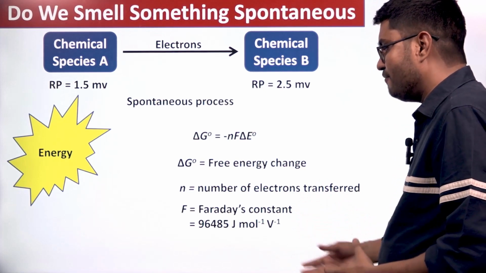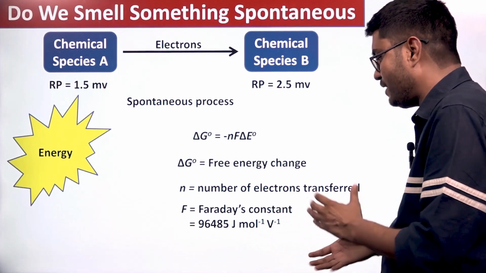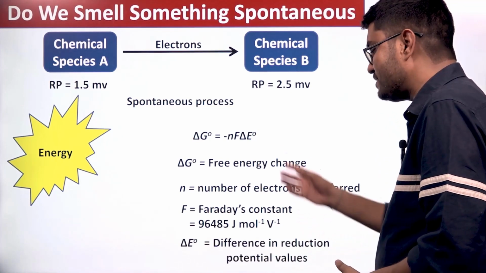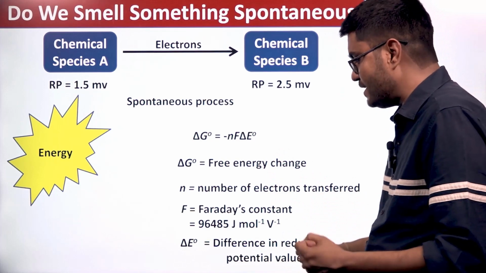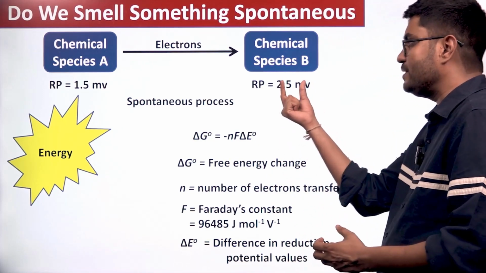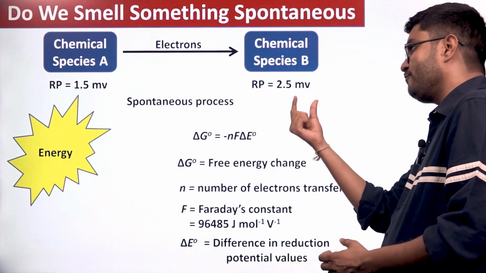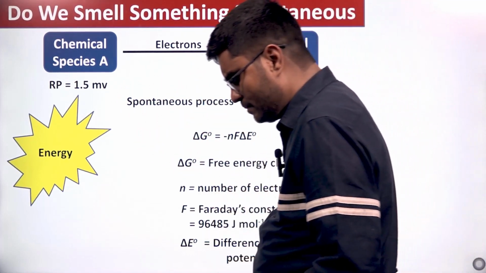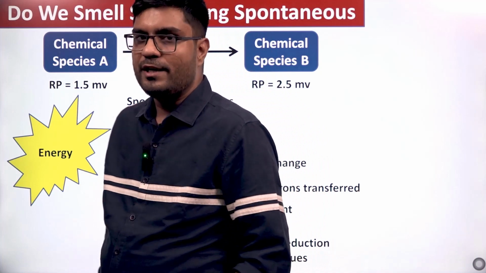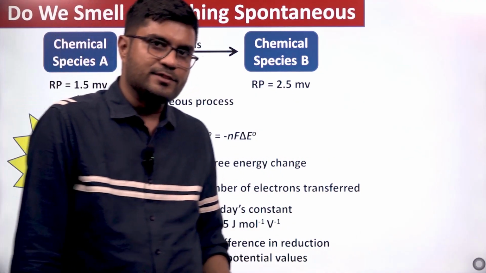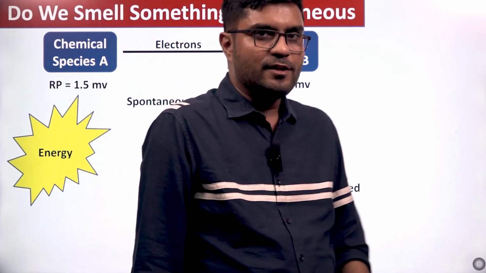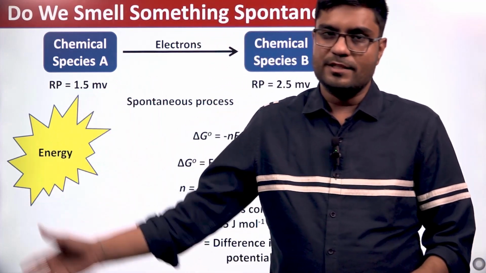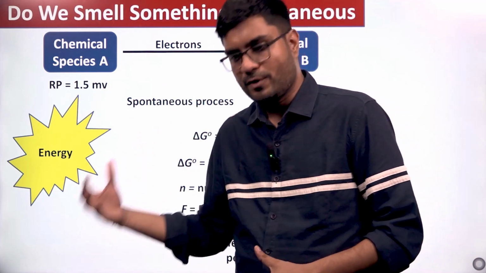Faraday's constant with the value 96485 joules per mole per volt. And finally, what is delta E? Delta E is the difference in reduction potential value, meaning acceptor minus donor, 2.5 minus 1.5. If we utilize this formula, then we can calculate the exact amount of energy released during the electron transfer from a species with low reduction potential to a species with high reduction potential.